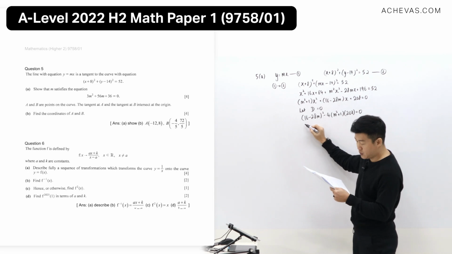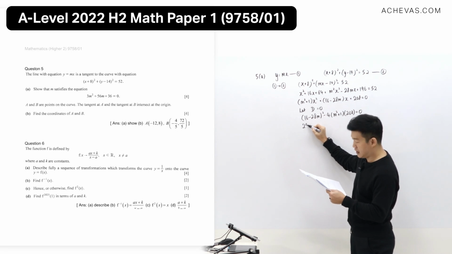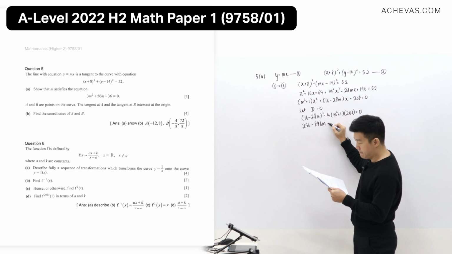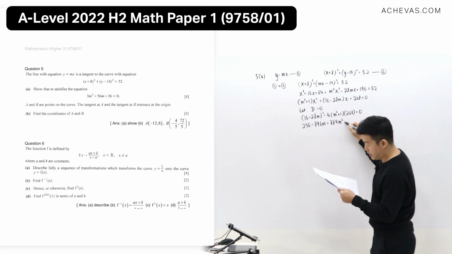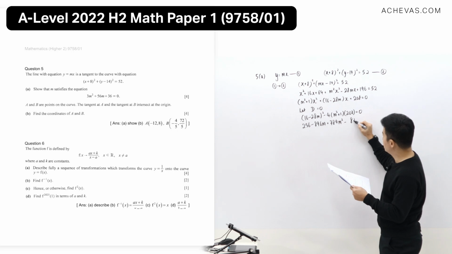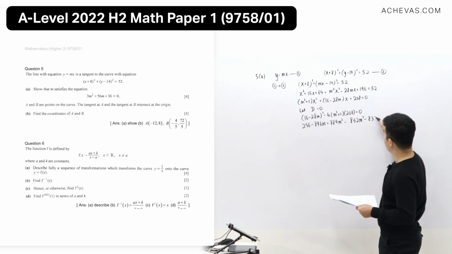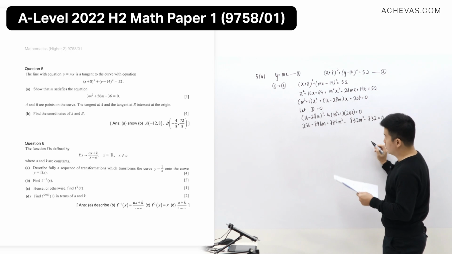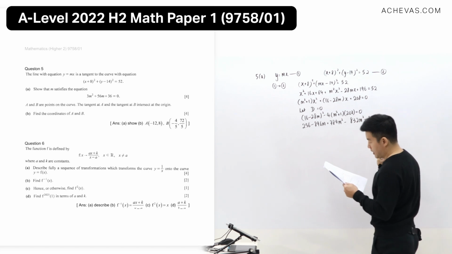Expanding this, we will be getting 256 − 896m + 784m² − 832m² − 832. This is equal to 0.